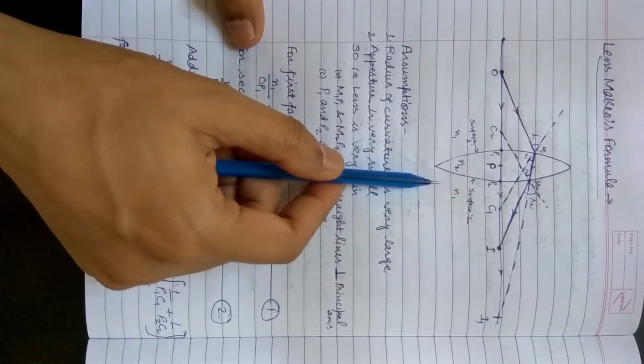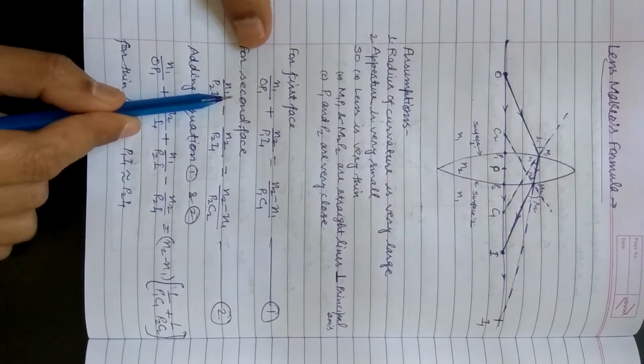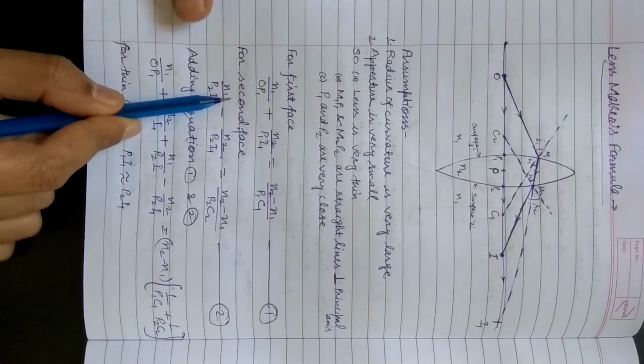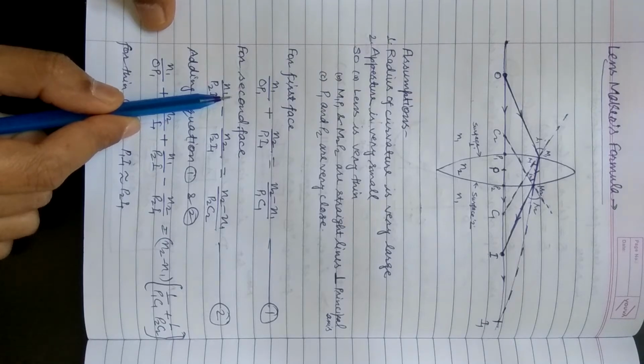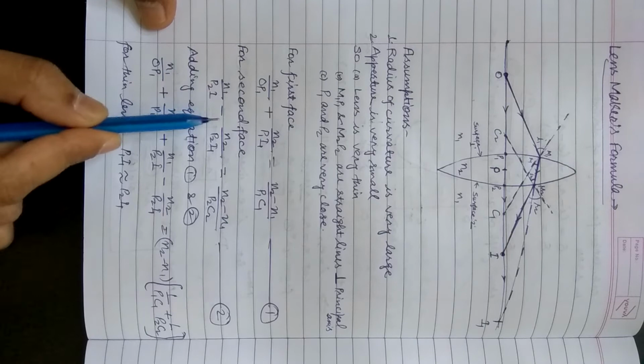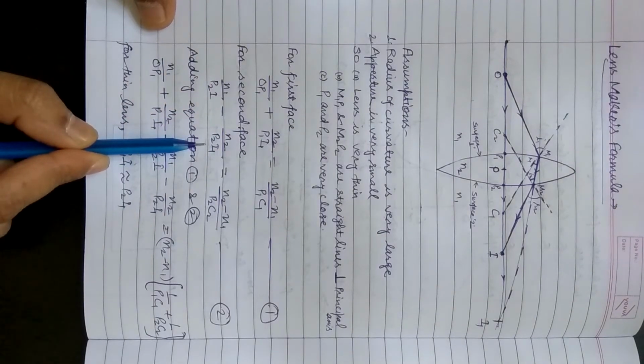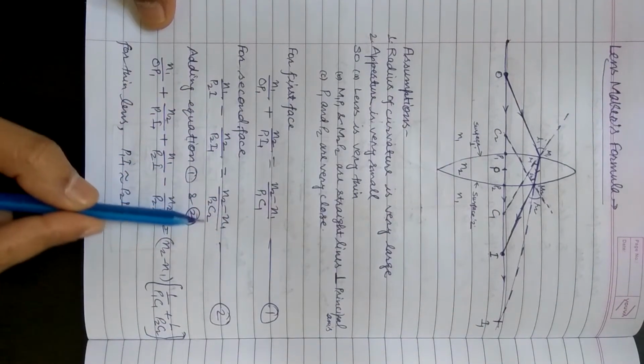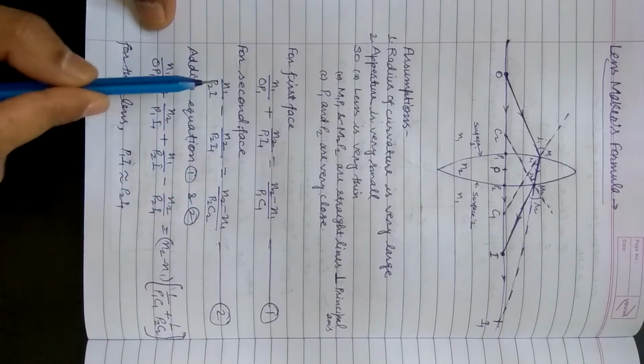Similarly, for the second surface, we can derive an expression. You should memorize this equation, otherwise you have to do a large calculation. N1 upon P2I minus N2 upon P2I1 equals N2 minus N1 upon P2C2, the radius of curvature.